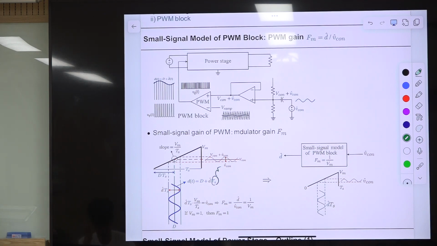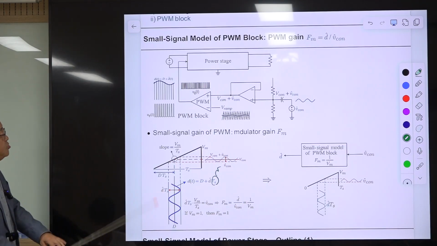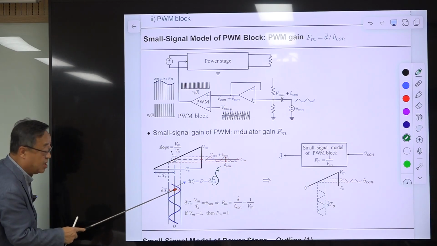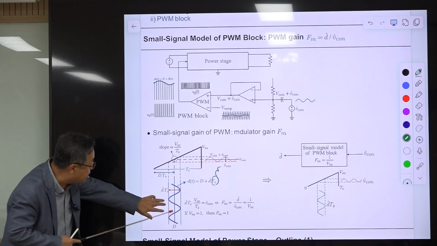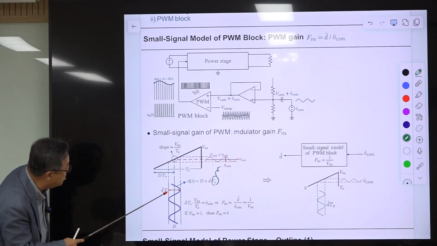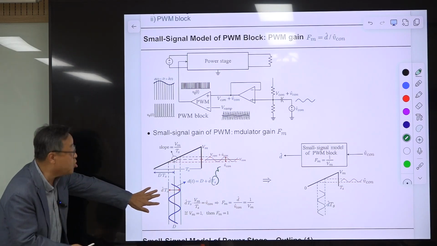So this is input and this is output, but somehow we want the relationship between this v_con hat and the D hat. Just write down the relationship between this and this, and this variation is D hat Ts. Consider this as the input prime, although the actual input is this one.